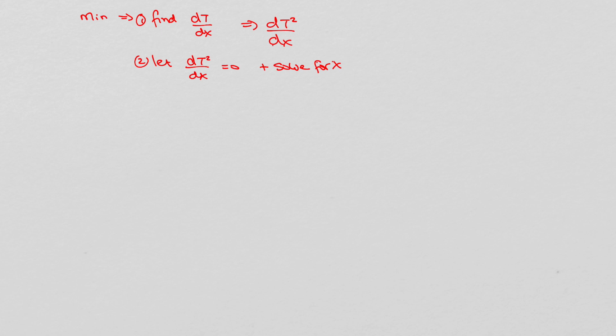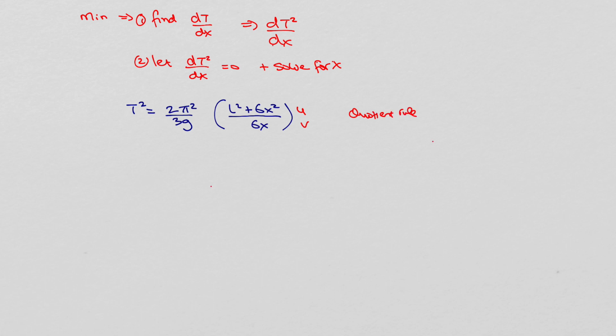Okay, so if we look at our function, we have T squared is 2 pi squared over 3g times L squared plus 6x squared over 6x. If I'm going to differentiate this function, I clearly see that I have an x on the top and an x on the bottom, so it has to be the quotient rule.